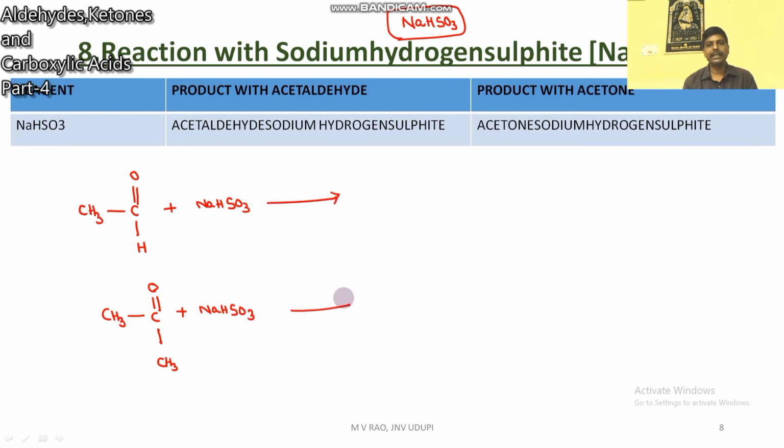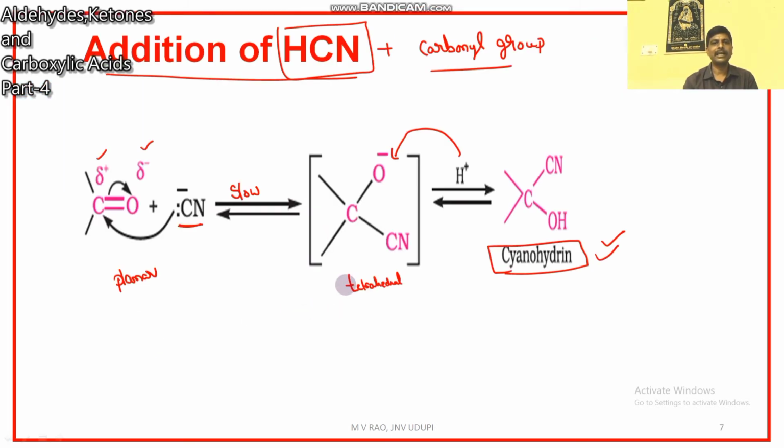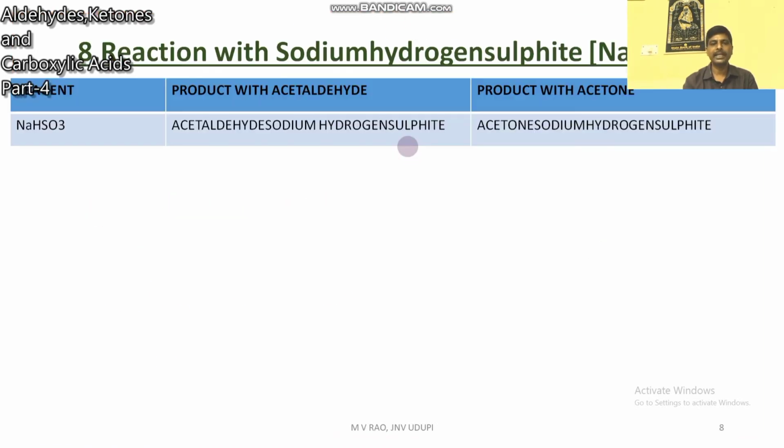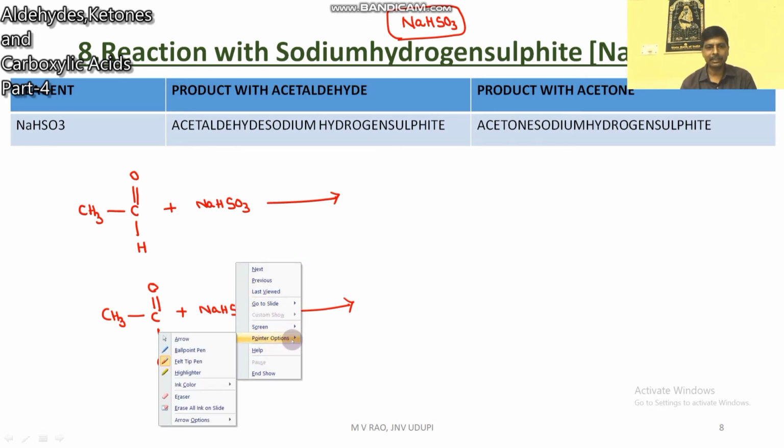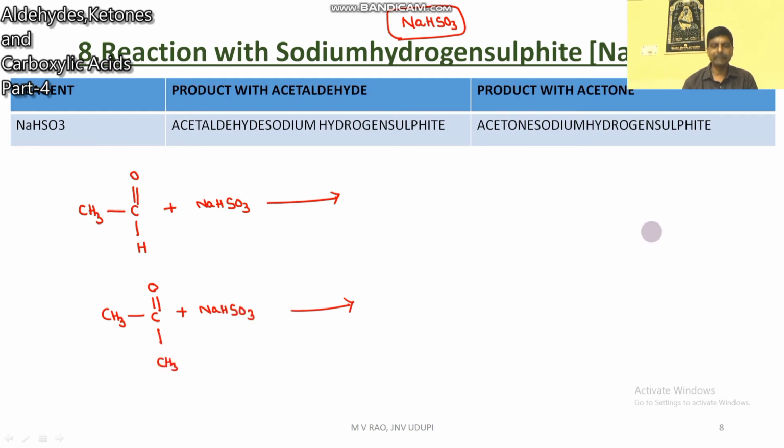Like in the earlier case, for O, OH is added. In this reaction also, the final product has OH. The remaining part will add to this carbon.